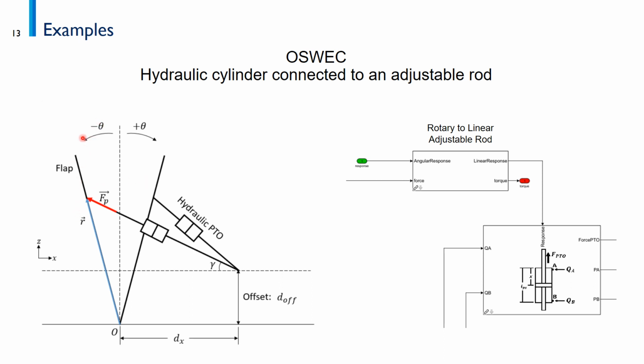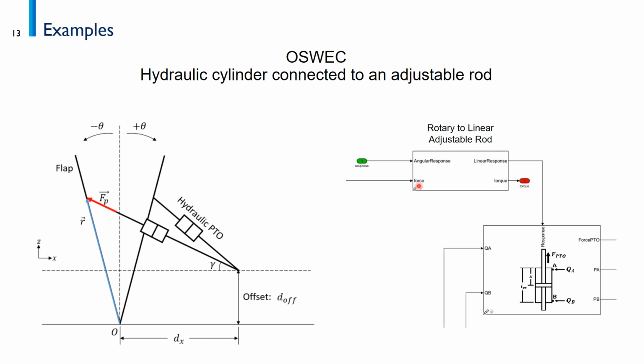How the angle changes in this example, and how the hydraulic PTO, and specifically the hydraulic cylinder, is attached to this rod, right? So as the OSWEC moves, the length of the rod changes, right? So you can model that also in PTO-Sim by using this block, the rotary to linear adjustable rod block.